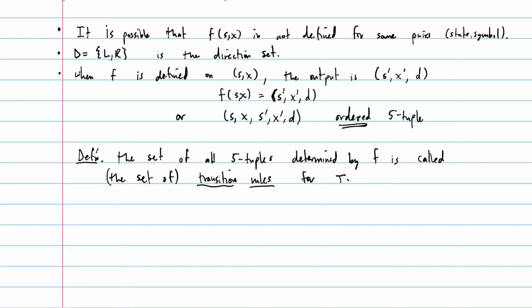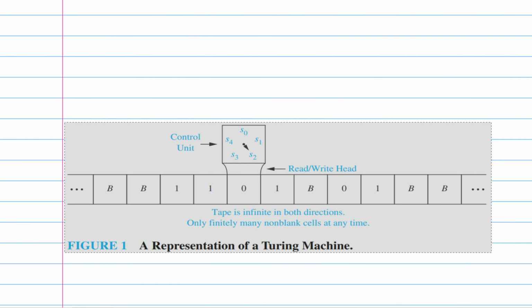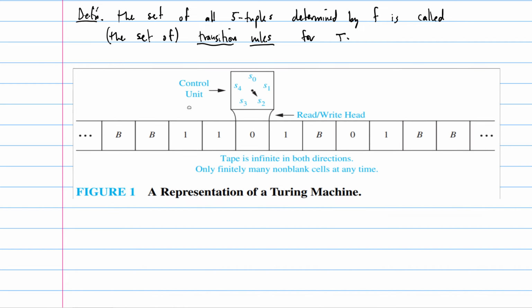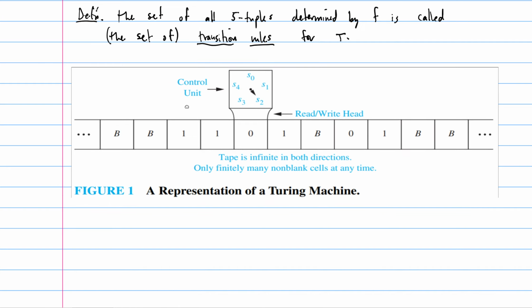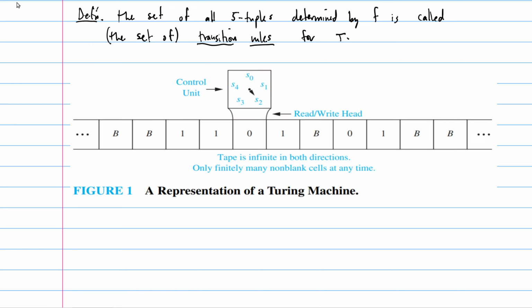Now, before we try to do some examples, we can look at a schematic diagram here. One of the most useful ways to think of a Turing machine is how it would operate on what the book calls a tape. So a tape representation. How does the Turing machine work here? Well, let me get my highlighter. We can define a couple things here.